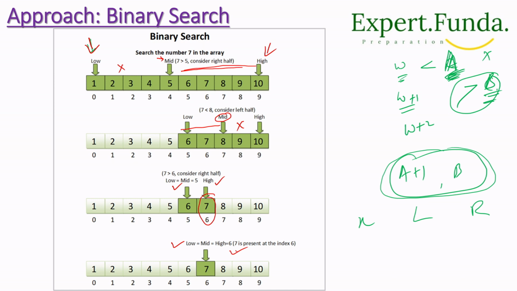Left will be our maximum weight, and right will be our total weight. Then we will check whether it is always possible to ship the weight or not. So let's see the approach.